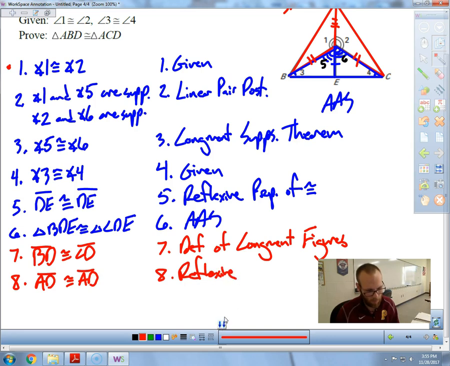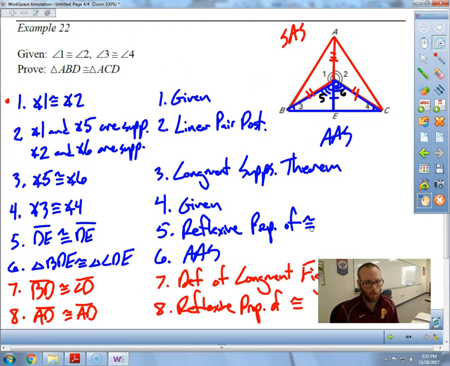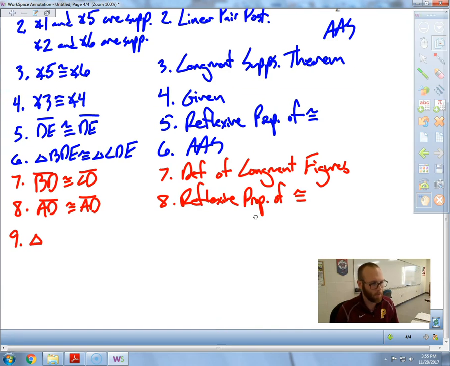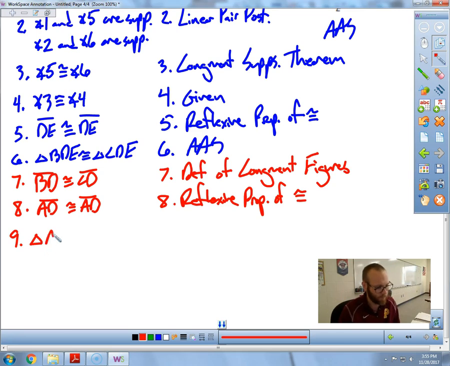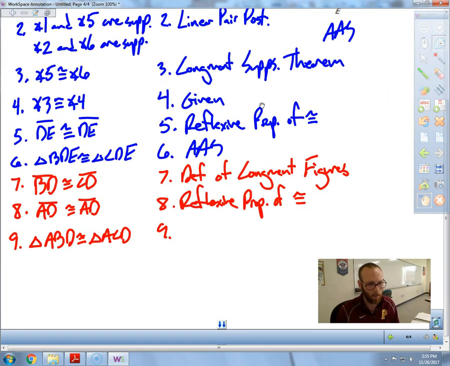That's reflexive property of congruency. So now triangle ABD, the red one on the left, is congruent to ACD, the red one on the right. And that was by what again? Side, angle, side.